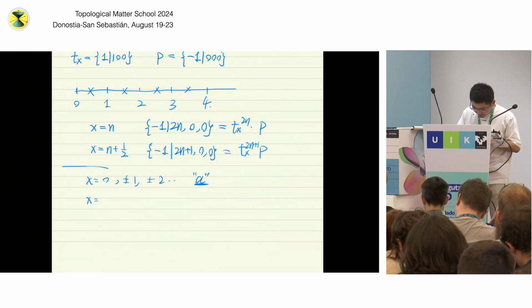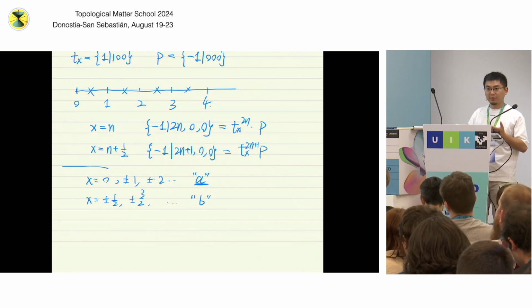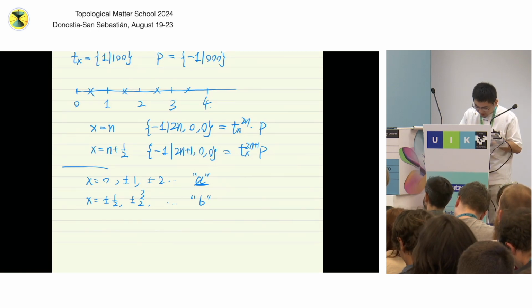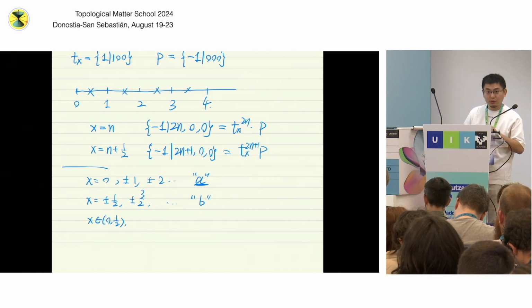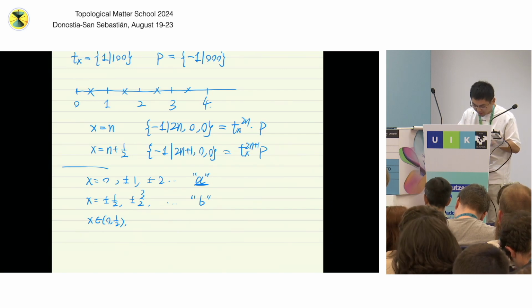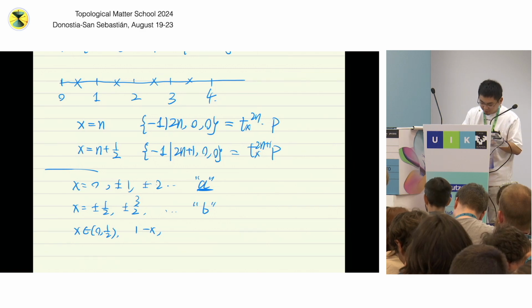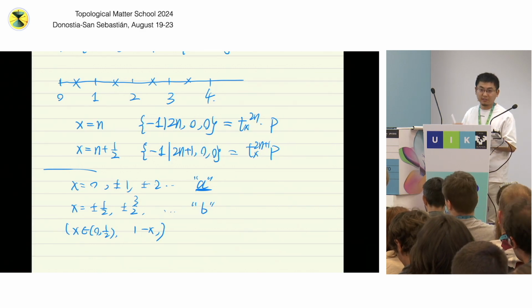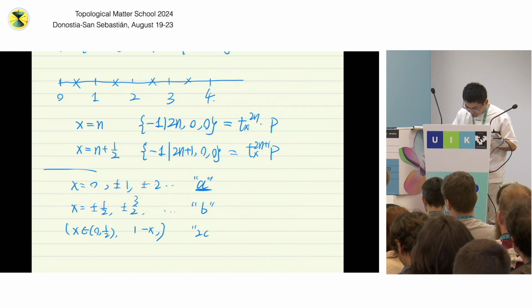The other is the half integer position, and we label this position as B. The third one is the general position. If we have a general position x between 0 and 1/2, then due to inversion symmetry, we must have a partner at 1 minus x, right? So for this type of position, in each unit cell we have 2. So we label this as 2C.